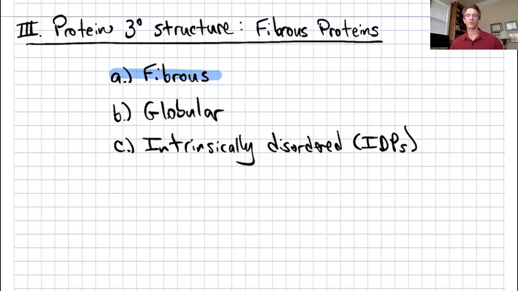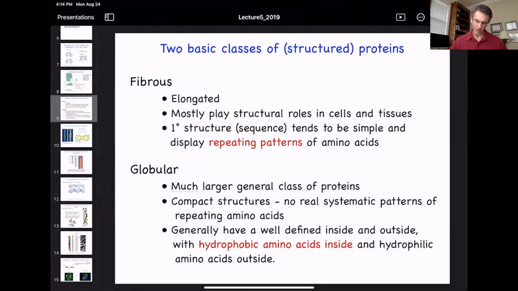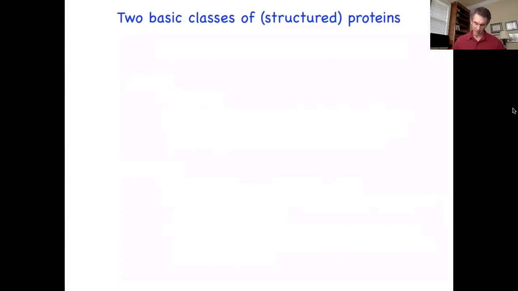These proteins are often structural or play particular structural roles in various ways in organisms, right? And the reason we're going to talk about them is because of some of the ways in which they illustrate some interesting aspects of how secondary structure leads to certain three-dimensional structural properties, right?